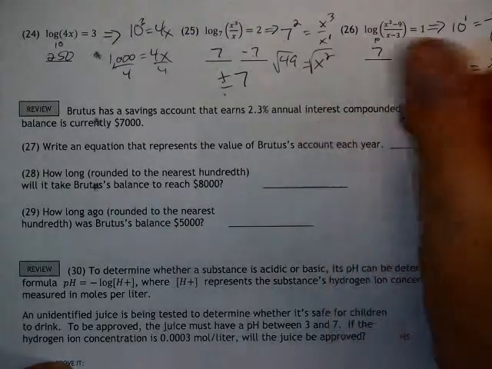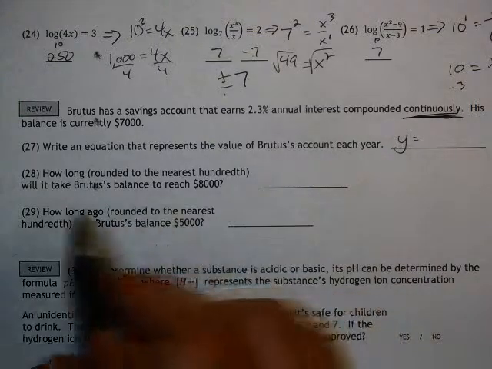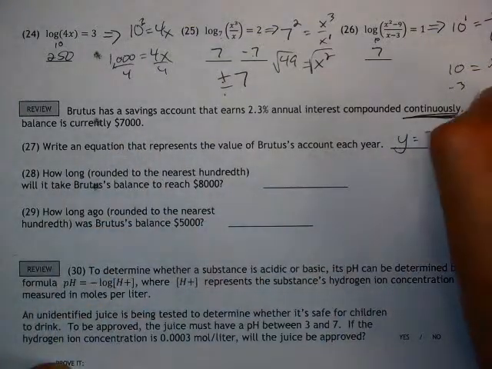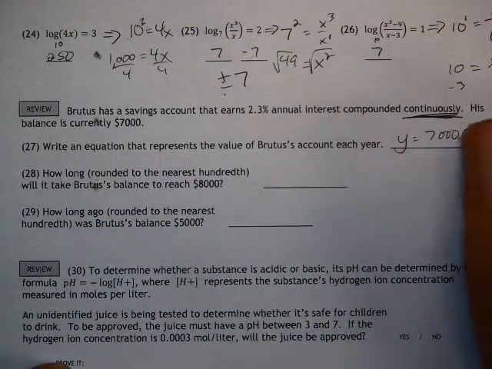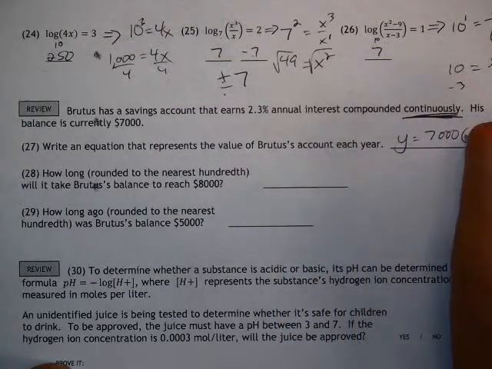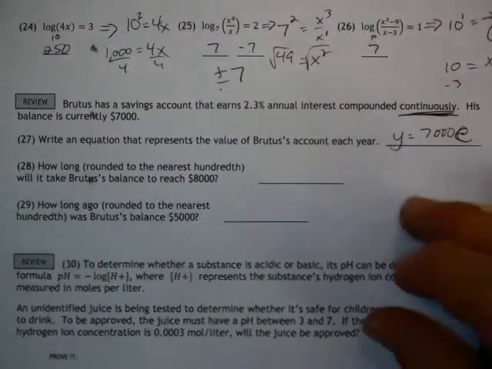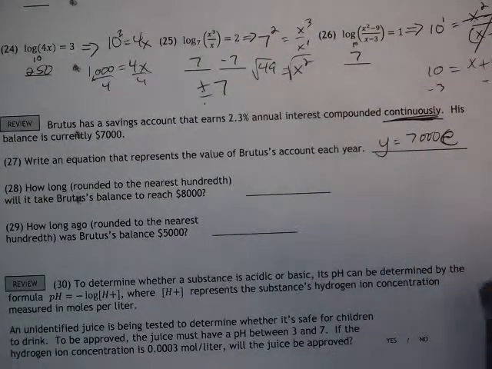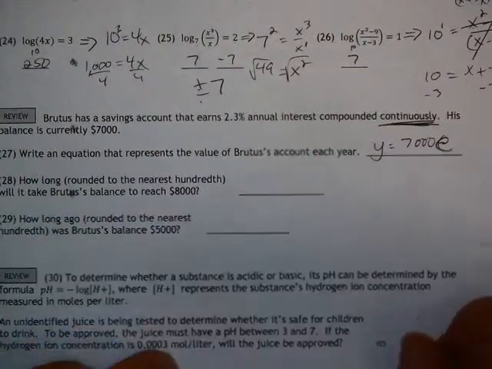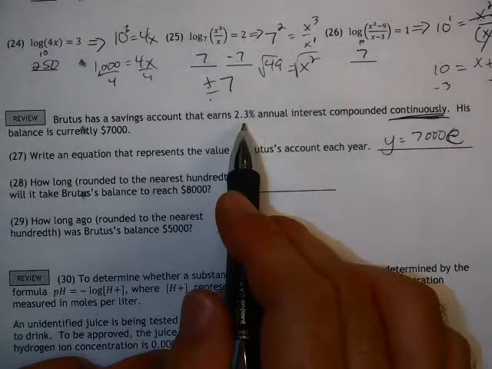So we'll have y equals, just to start the equation, our initial net value of $7,000 times, and when it's compounded continuously, that's when we're using our constant term of e. Now the exponent is where a lot of people forget and make some mistakes. The exponent has to do with this annual interest.